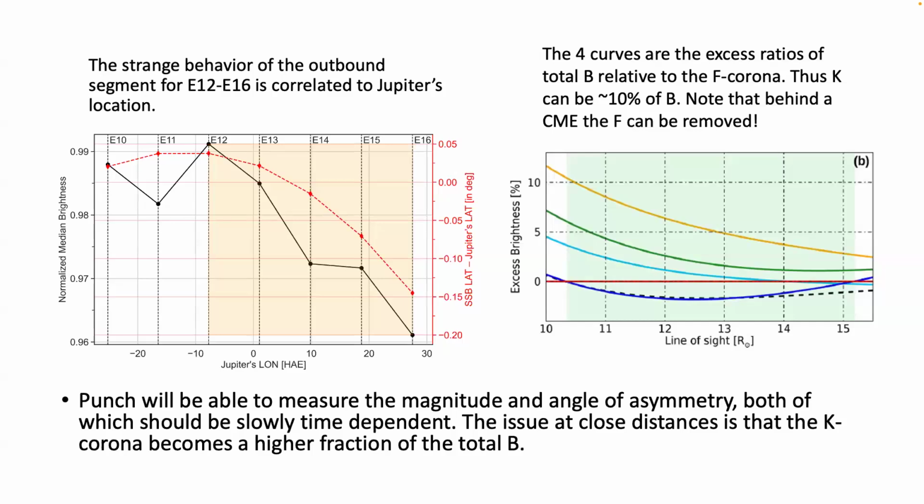What it's saying is that the K corona is becoming a little over 10% of the total brightness compared to the F. Normally, the K is a factor of 100 dimmer. And in one of the orbits, in fact, a CME pulled out dust, went below that background level, and pulled out dust.